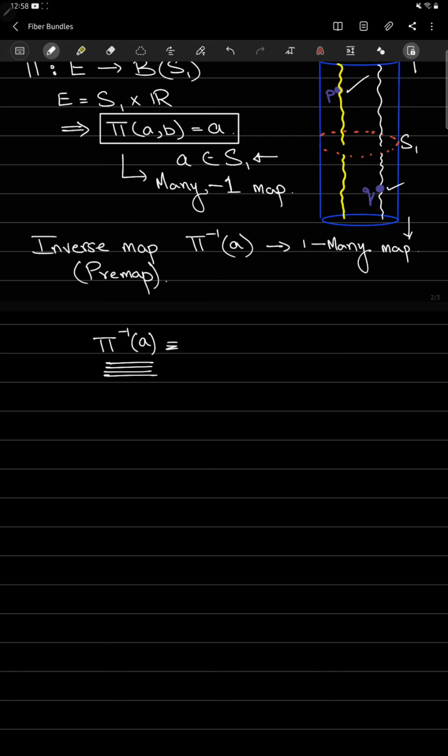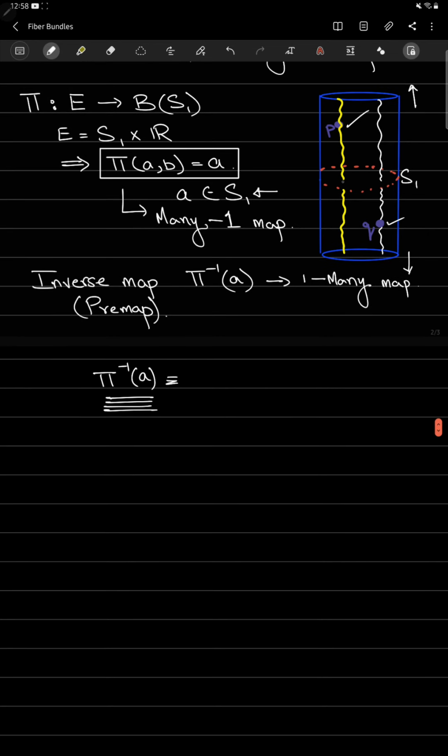Now, why do I say that? I say this because this pre-map will give you the fibers. If I take a point A on this cylinder, then the inverse map takes it to this real line, this fiber that is protruding out of that point.